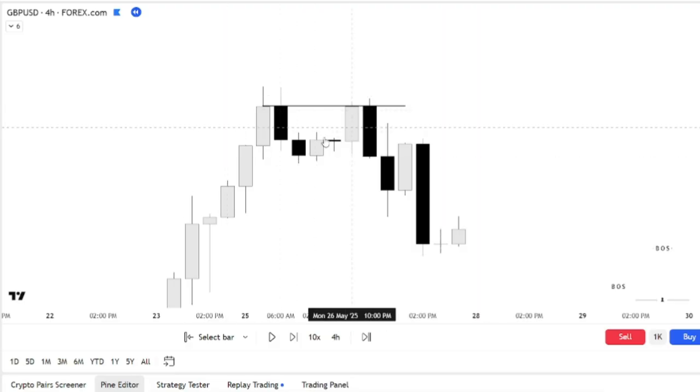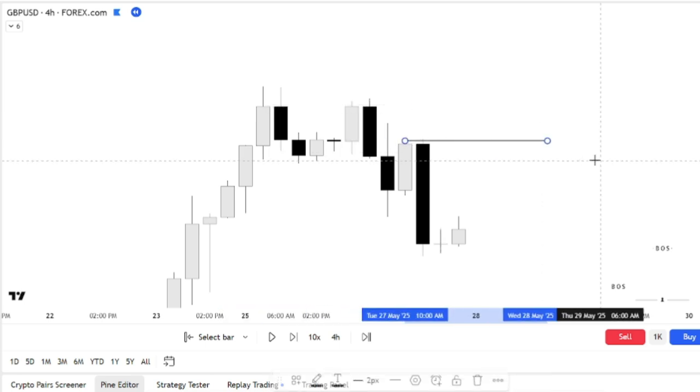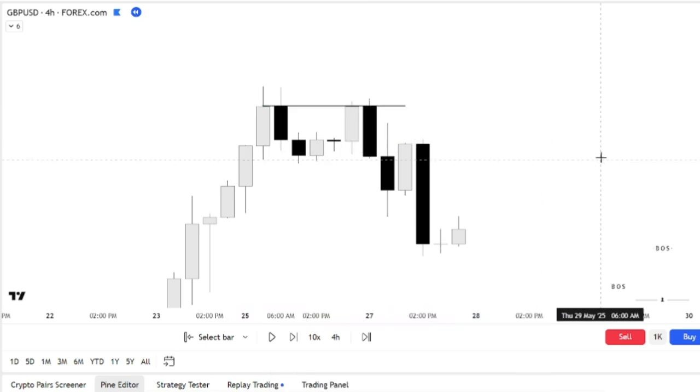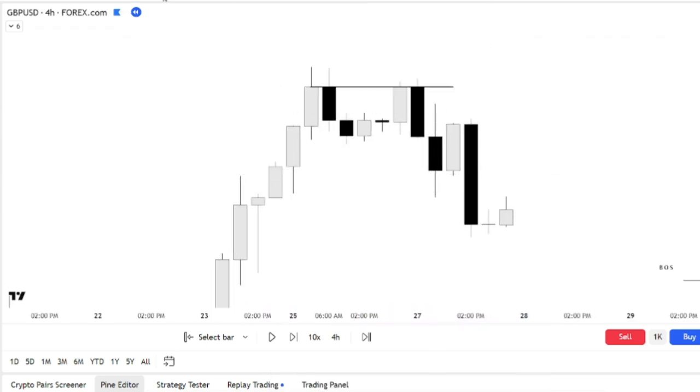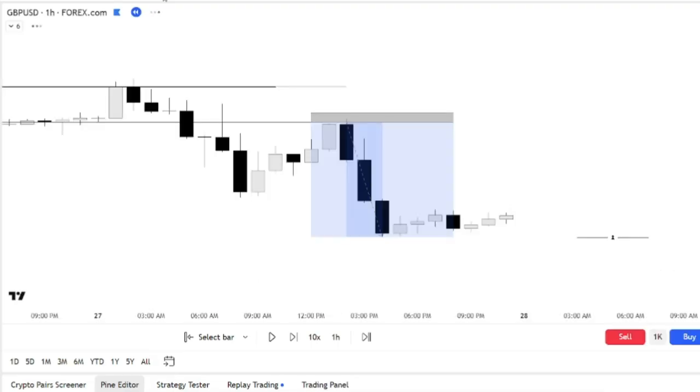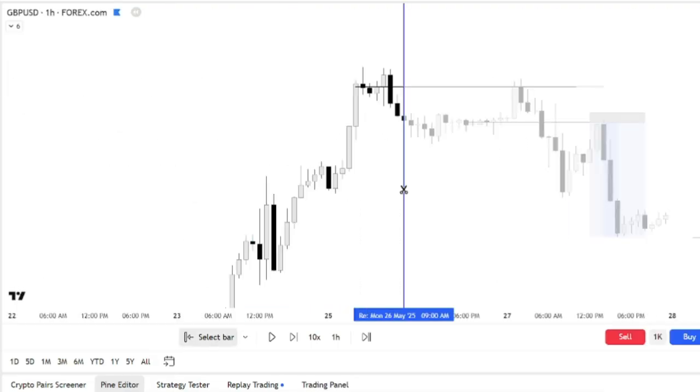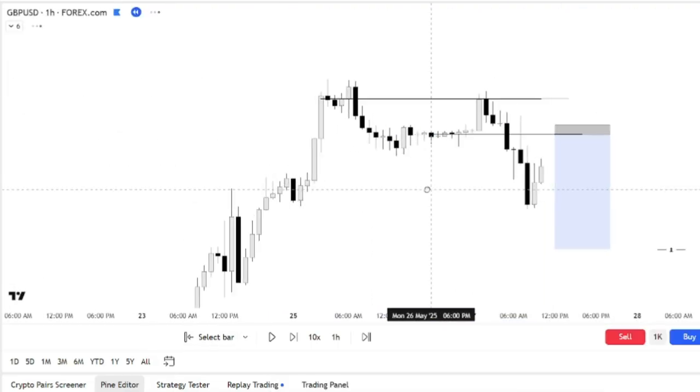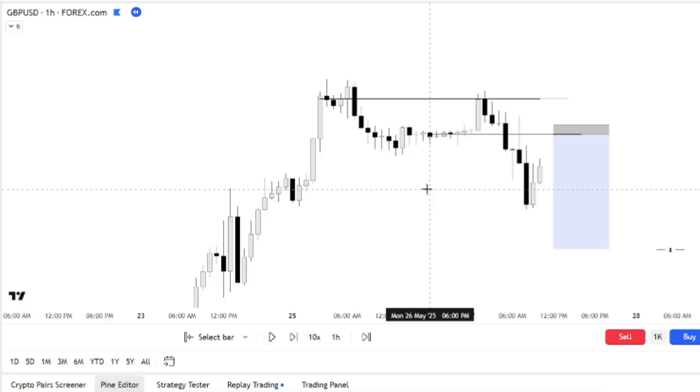After we've identified this, we need to confirm our trend. How do we confirm that? By going to a lower time frame. This implies that if we are looking for our overall trend on the 4 hours, we need to go to the 1-hour time frame to look for our entries.